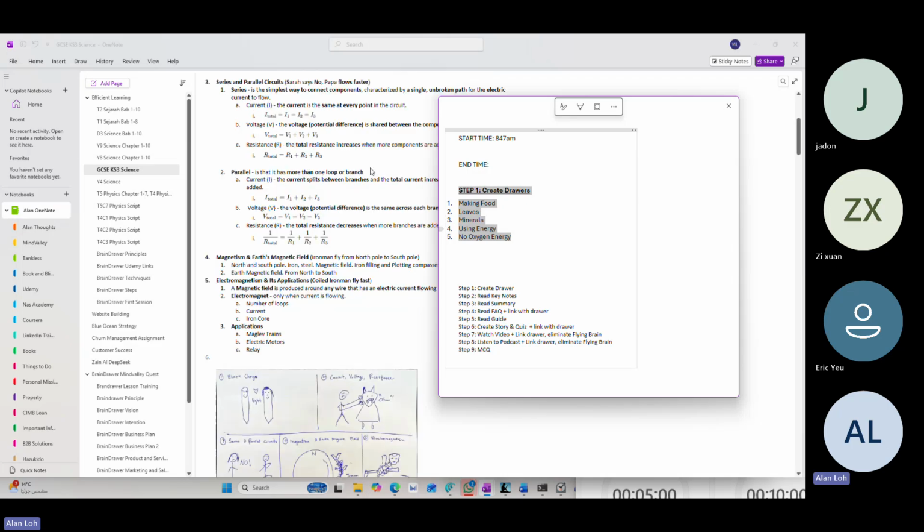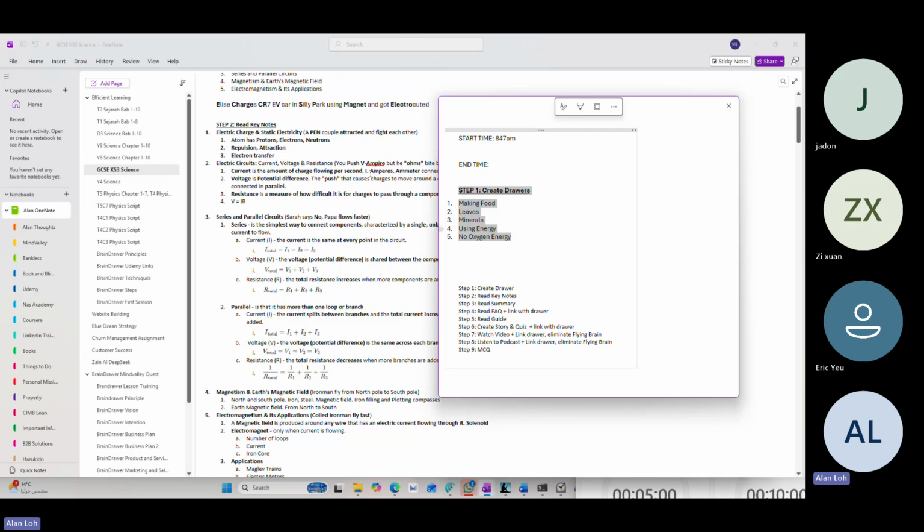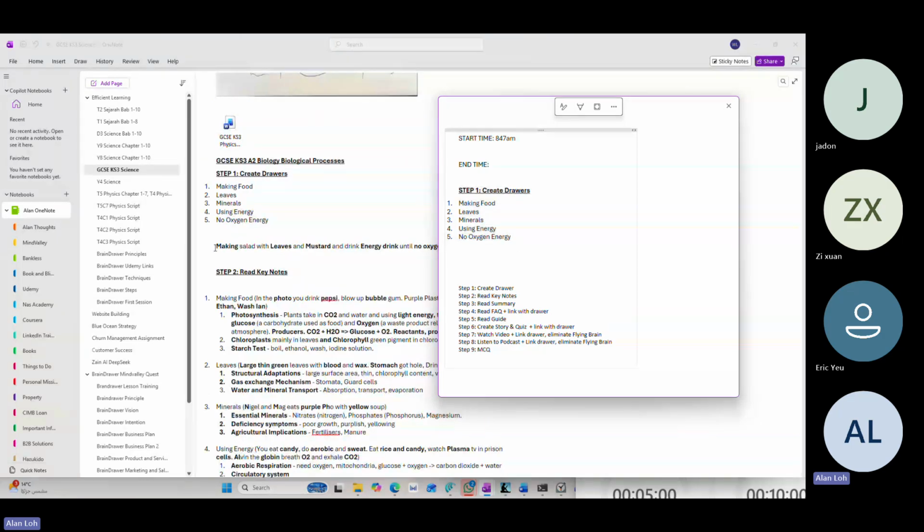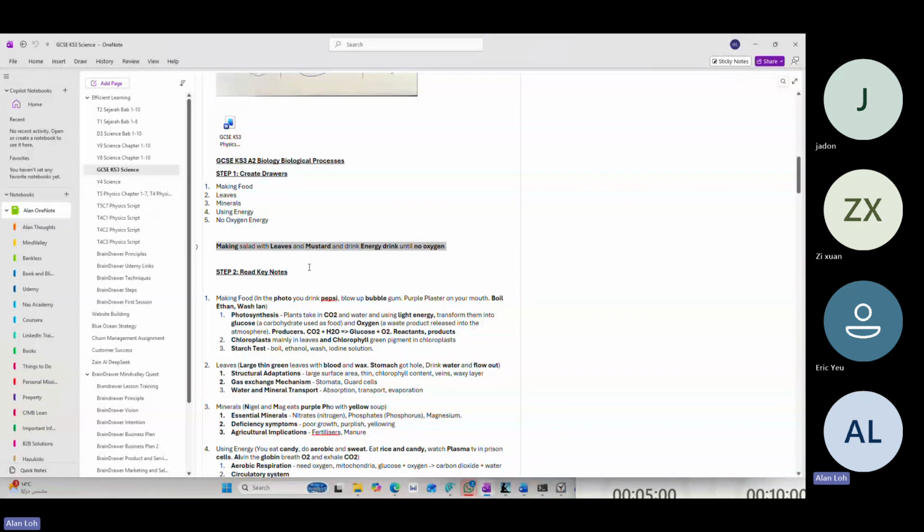So I created a very simple story to help you remember the names of the drawers, right? This is similar to the previous story, the Elise with the Cristiano Ronaldo EV car, if you remember. But this time we are making another story to help us remember the names of the drawers.